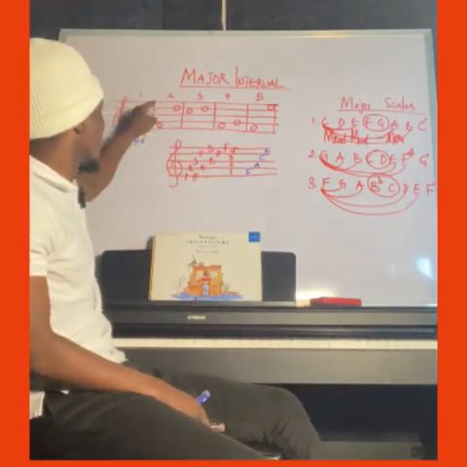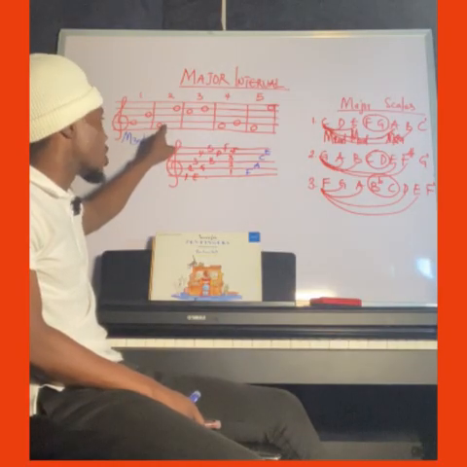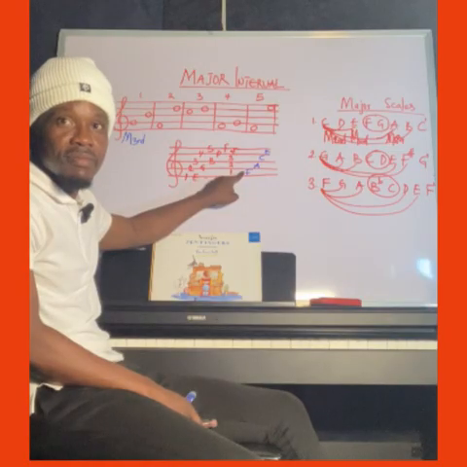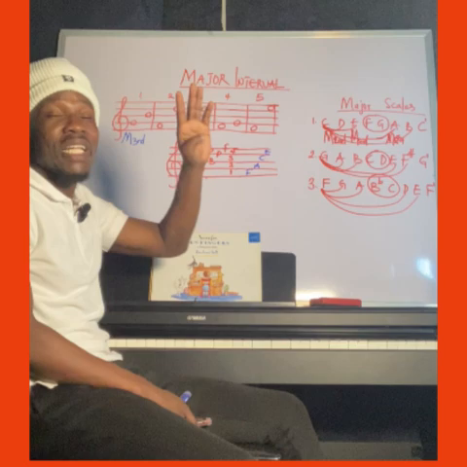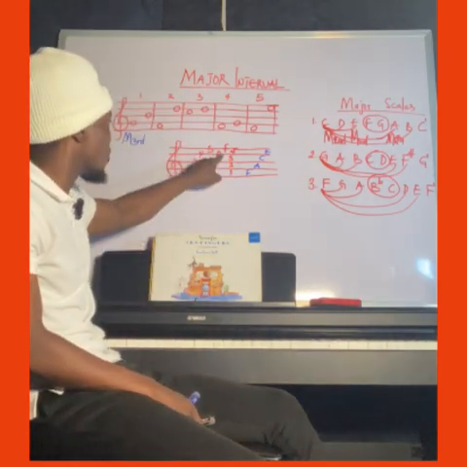The second interval, we have the note in the first space of the staff. Space 1. What is space 1? F. Then we have the next one on the 4th line of the staff. What is the 4th line of the staff?